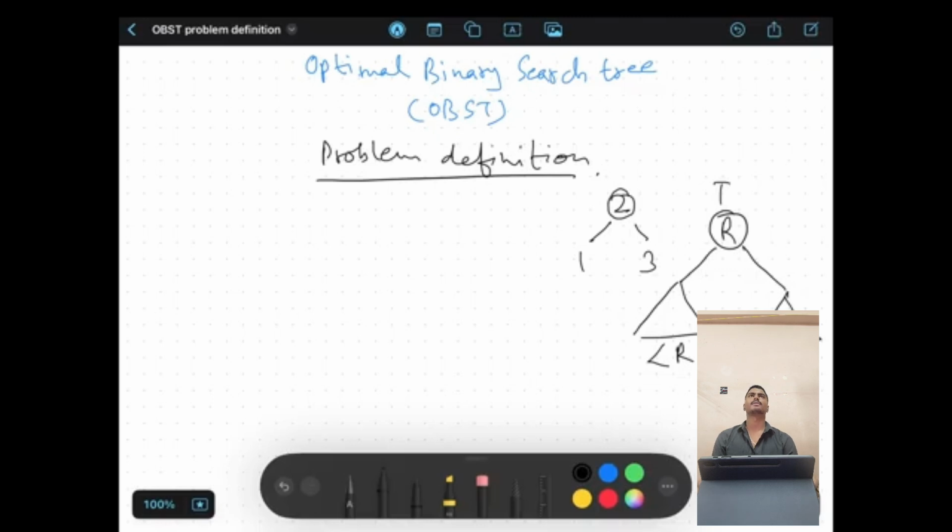So let's move on to the time complexity. Searching in a binary search tree is log n, which is the best and average case.